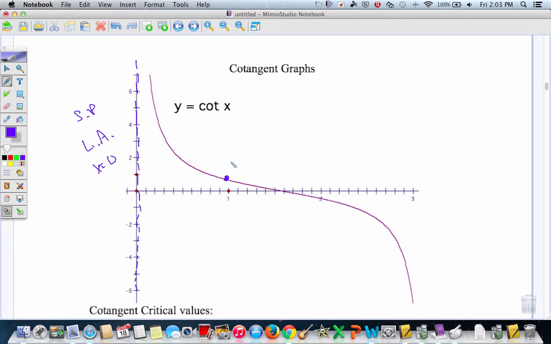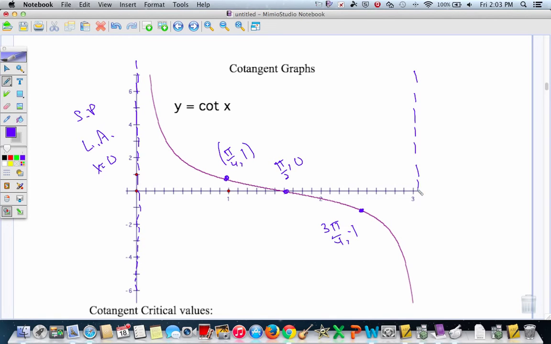We have a quarter point here at pi over 4 and 1. We have a midpoint crossing at pi over 2 and 0. And then over here we have a three-quarter point at 3 pi over 4 and negative 1.